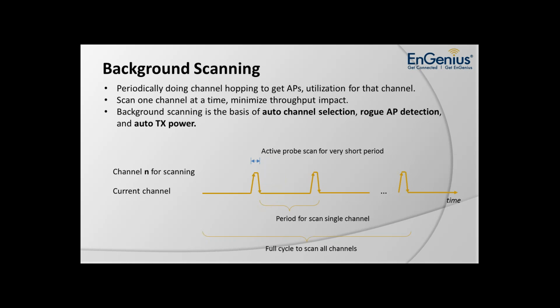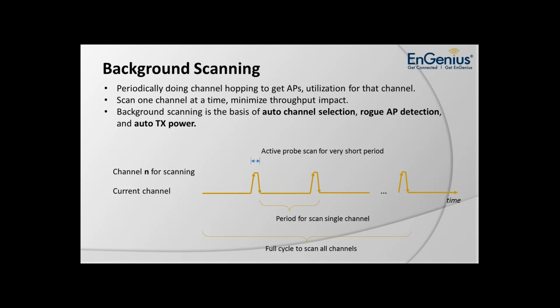One of the most important things is the background scanning, and the background scanning is a kind of algorithm that you can set. You can turn it on or turn it off, but you want to turn it on, because then you have some value there, and it will periodically do some scannings.